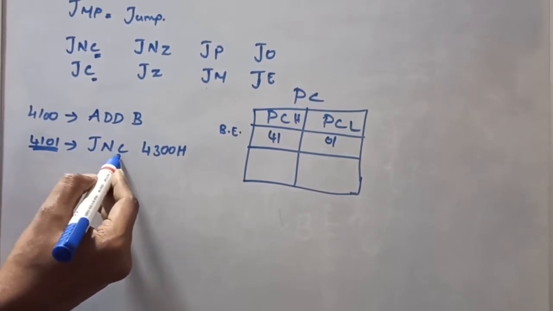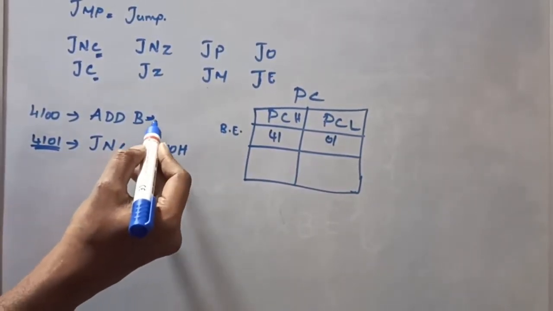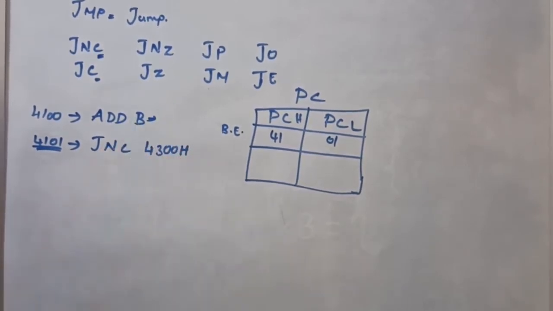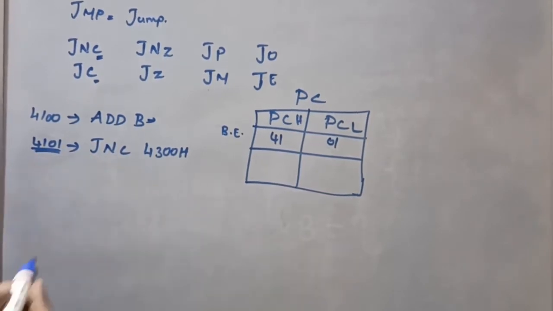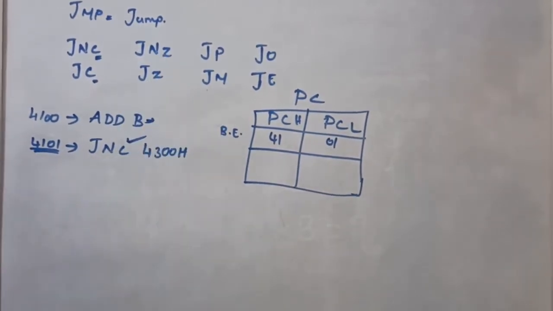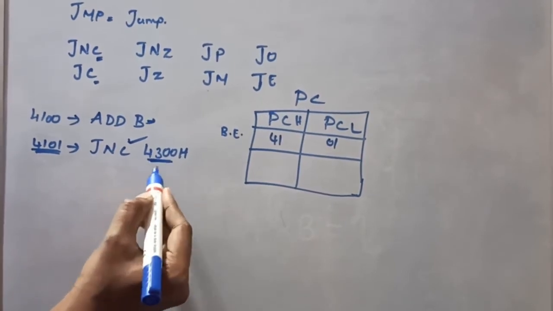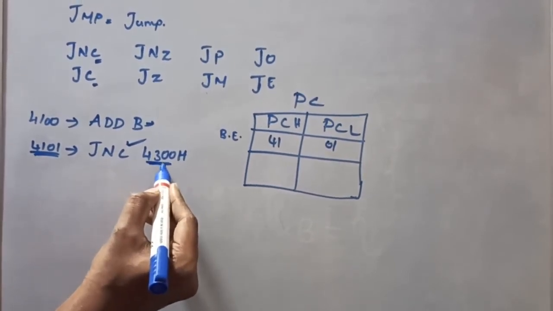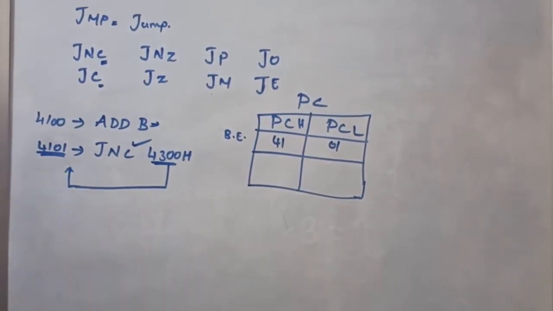So, jump on no carry. After addition of these two registers, the result produces carry or no carry. Suppose the result does not produce a carry, this condition is true. Once the condition is true, whatever address is specified in the instruction is passed to the program counter.